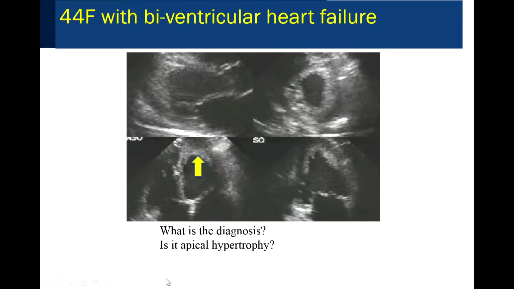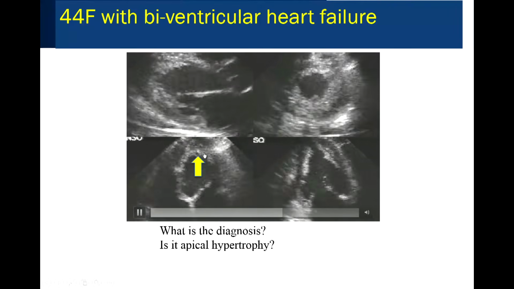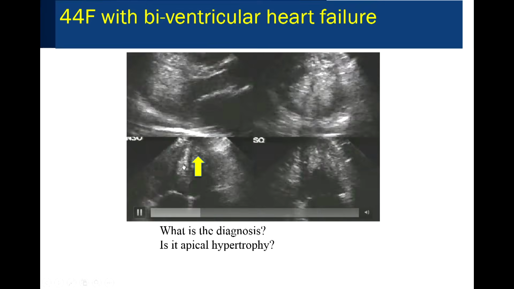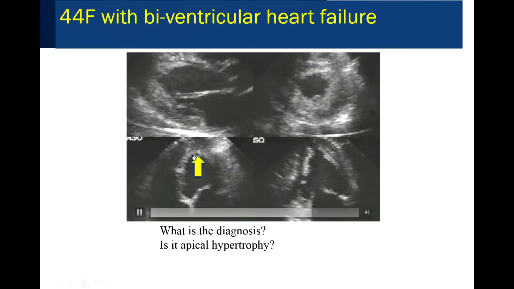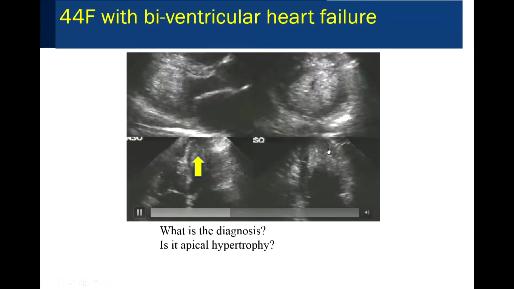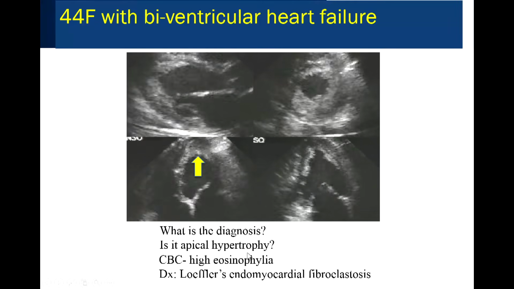And I'm going to finish with this one. This one looks like a hypertrophic cardiomyopathy, right? Or apical. But notice that the appearance of this material here is just a little different to the rest of the myocardium, okay? Patient has a lot of heart failure and very high eosinophils.